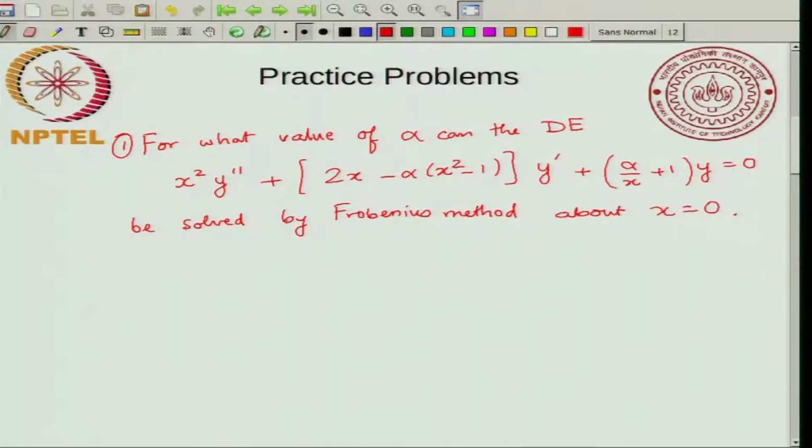So basically I am asking what should be the condition on alpha, so that you can use the Frobenius method to solve about x equal to 0.